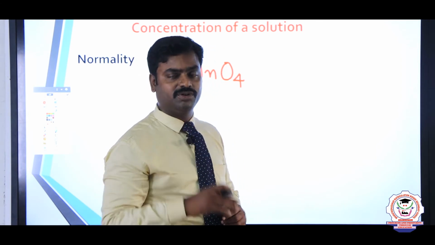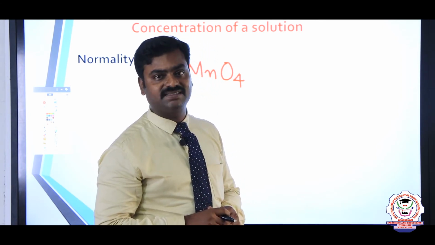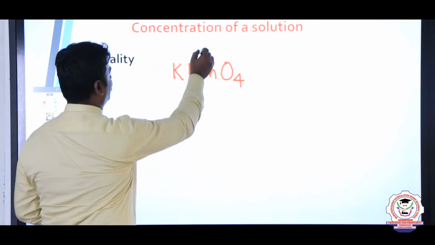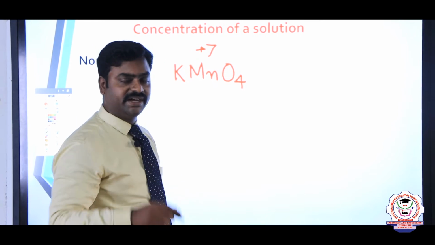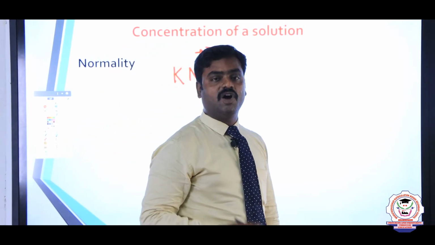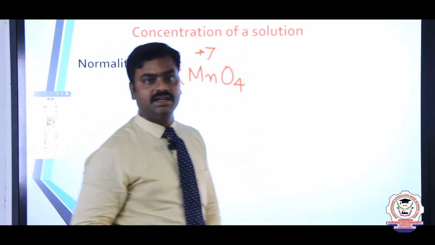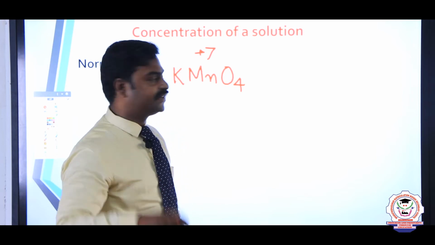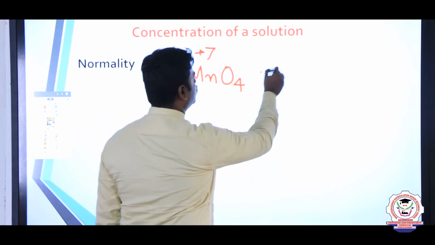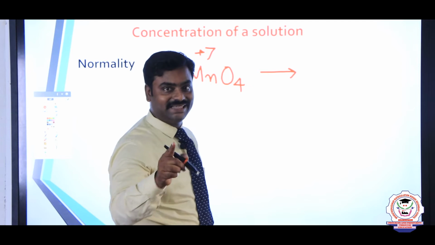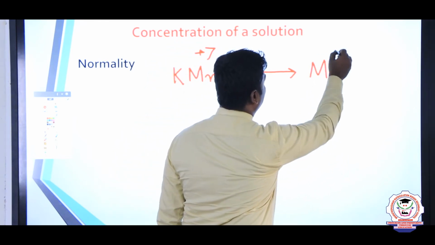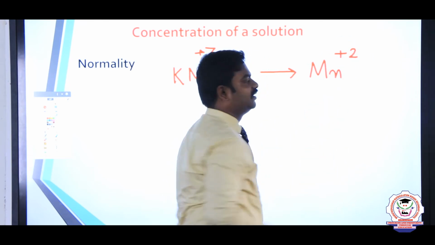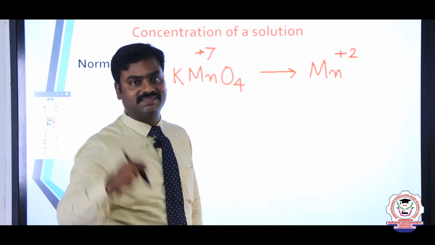Here in KMnO4, the oxidation state of manganese is +7. When potassium permanganate is used in concentrated acidic condition, the oxidation state changes from +7 to +2, so manganese becomes Mn2+.